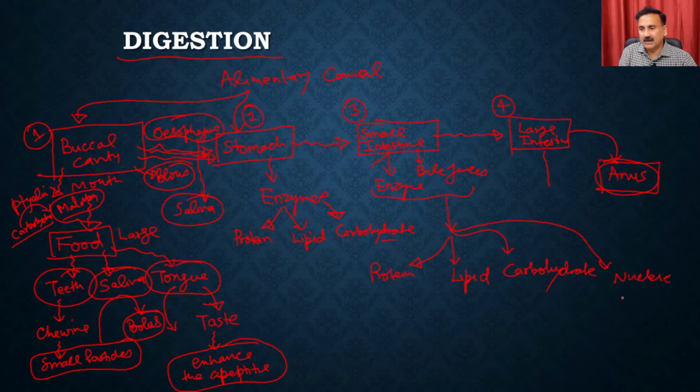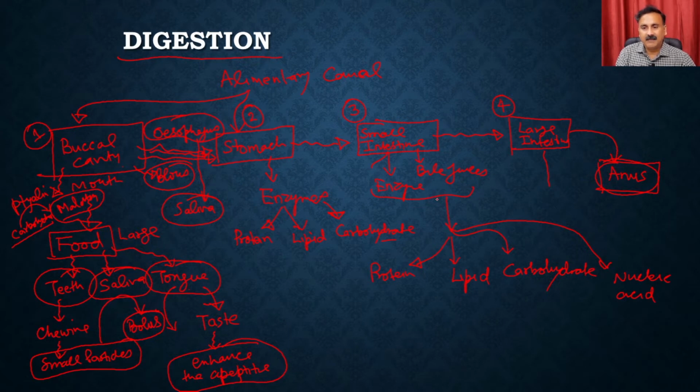Remember that when you are taking the food, you also have a very minor fraction of the nucleic acid, and all these are going to be digested by the different types of enzymes which are secreted into the small intestine, and the bile juices.